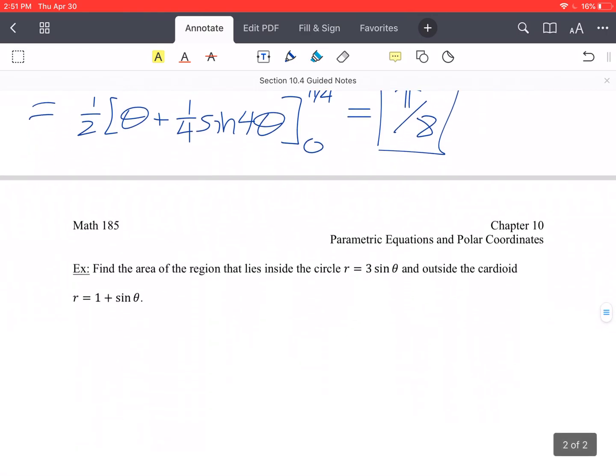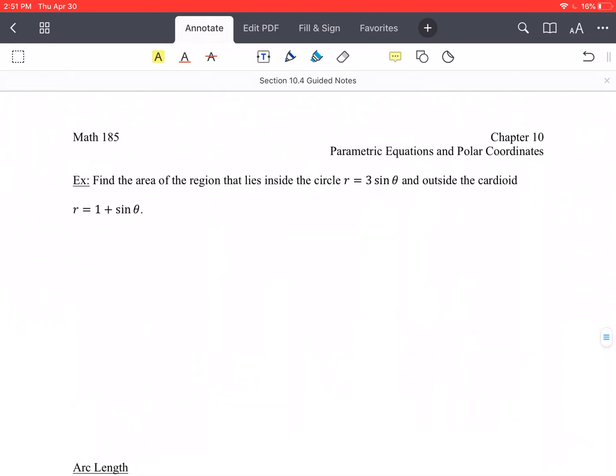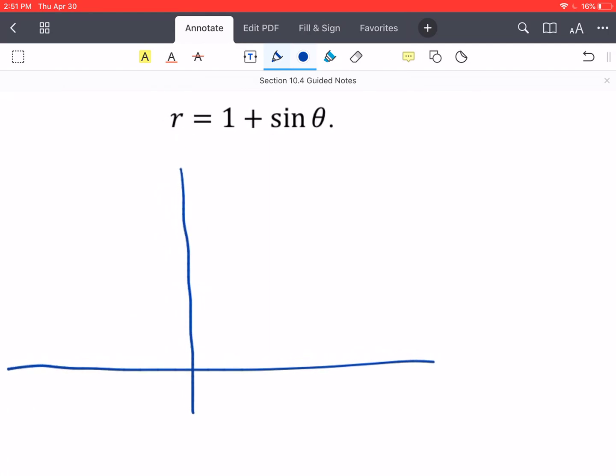Find the area of the region that lies inside the circle r equals 3 sine theta and outside the cardioid r equals 1 plus sine theta. Okay, so let me draw this over here so we can get a better visual. Okay, so the cardioid, see how well I can draw this. The cardioid's going to be something like this.